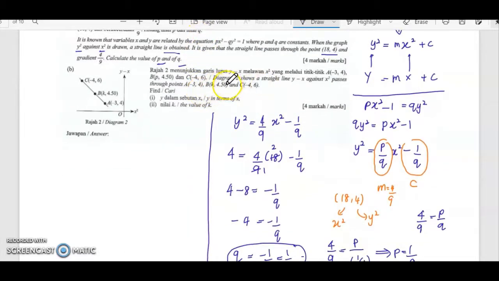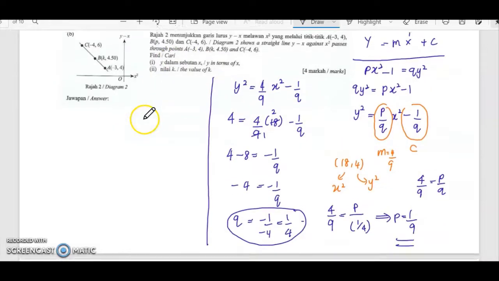Okay, diagram 2 shows a straight line y over x against x squared passes through the point A 3, 4, point B, K, 4.5, and then point C, negative 4 and 6. Find y in terms of x.